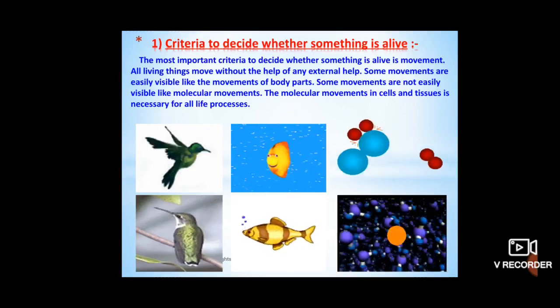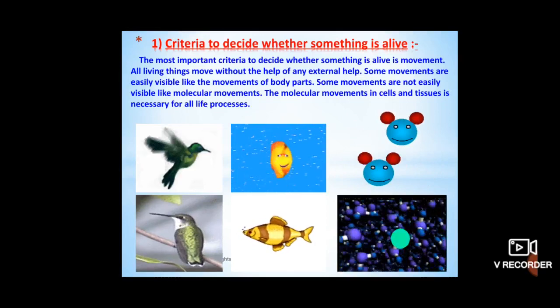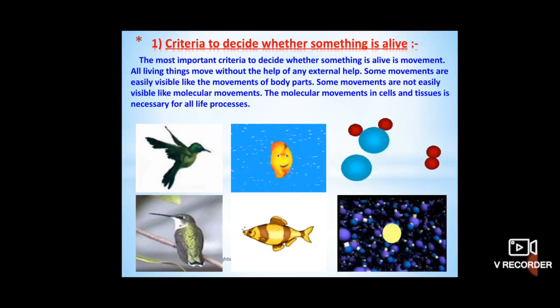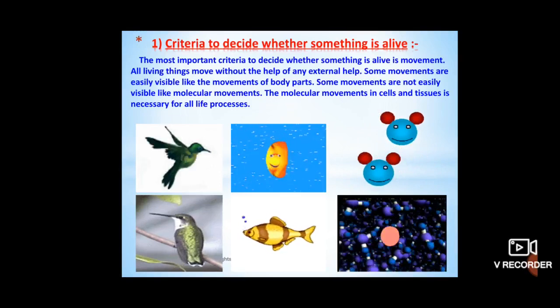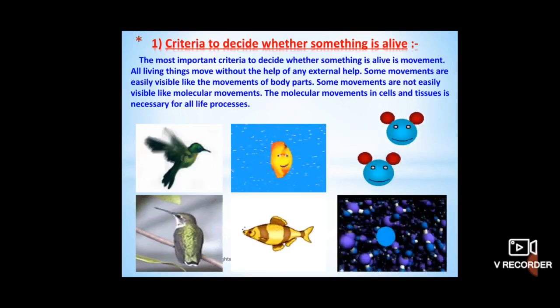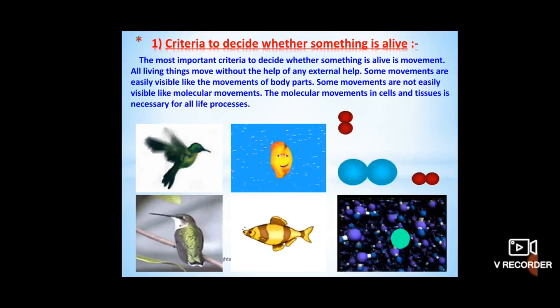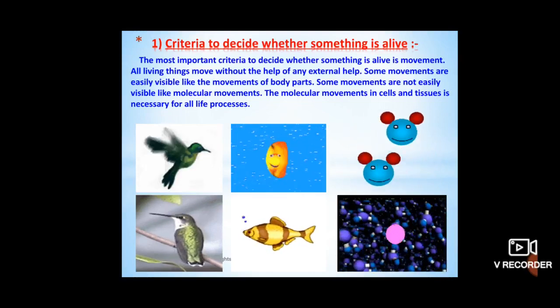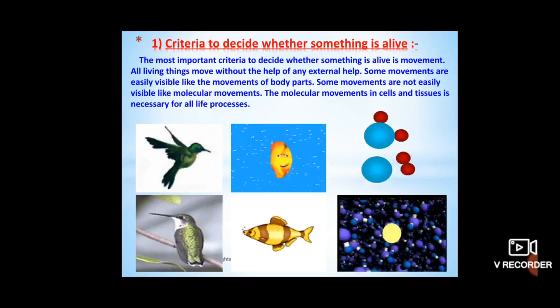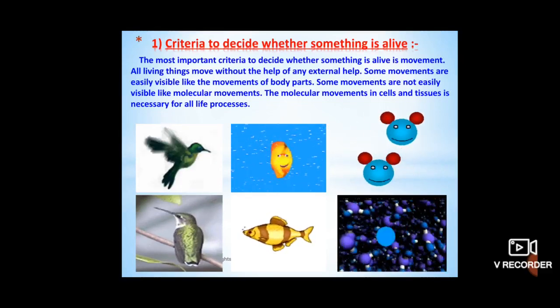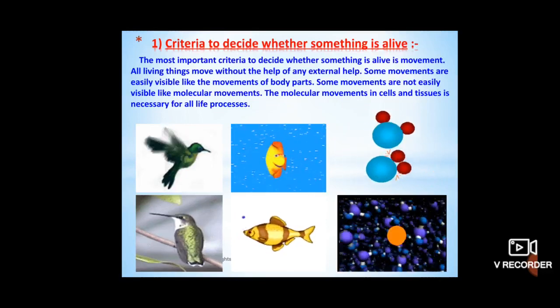Not only movement, all living things move without any external help. Some organisms move, if you take human beings, with the help of legs, they are able to move from one place to another. Similarly, if you take the fish, how does movement take place in the fish?